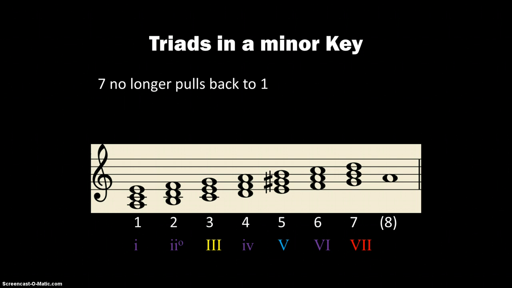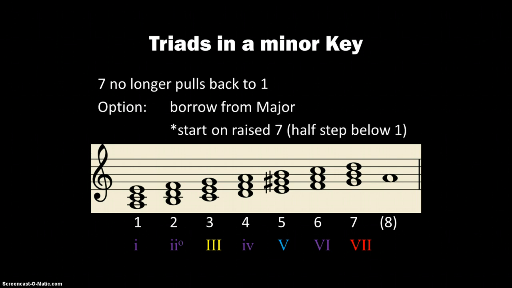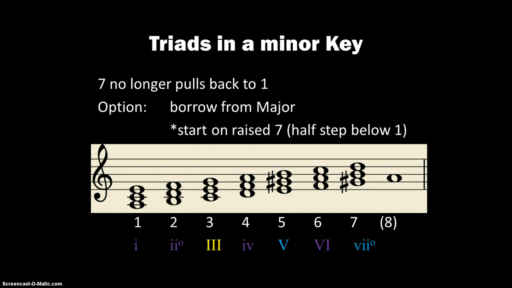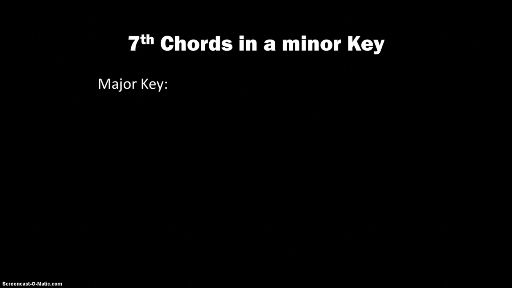What we're going to do is raise that G sharp again, and now we're going to be starting not on a G natural, but a G sharp. That's important because now that diminished triad will lead back to 1. Let me play that 1, 7, 1 again with that alteration. Not earth-shattering, but it is important to have some dominant functionality there. So those are the 2 main changes you'll come up with.